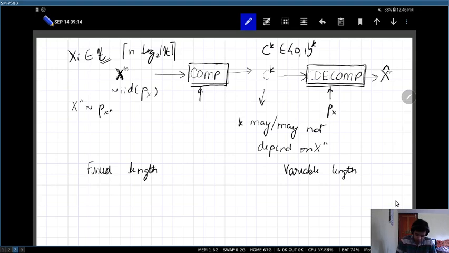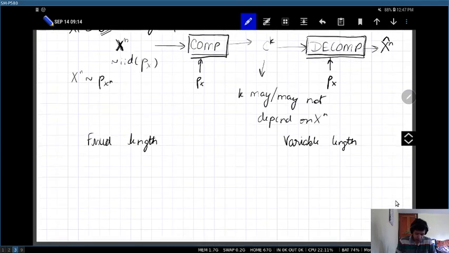So both the compressor and decompressor may take as input p_X, or sometimes it may not take anything as input, and it outputs an estimate of the original file, which we call x^n hat. And in lossless compression, we typically want x^n hat to be equal to x^n modulo a small technicality.